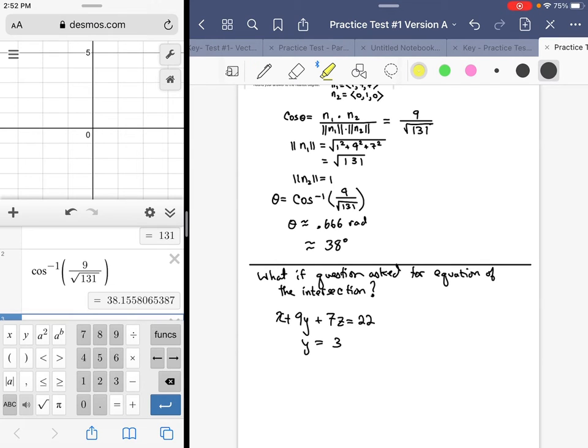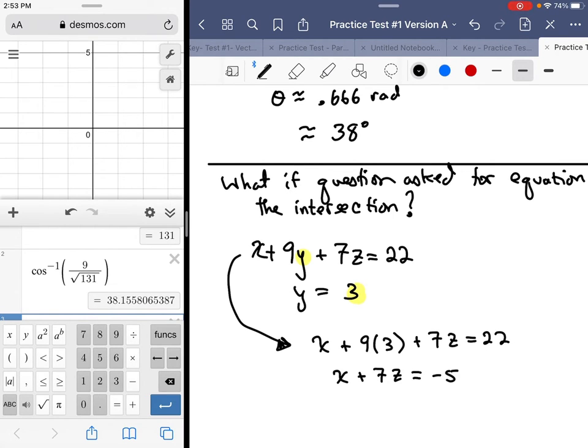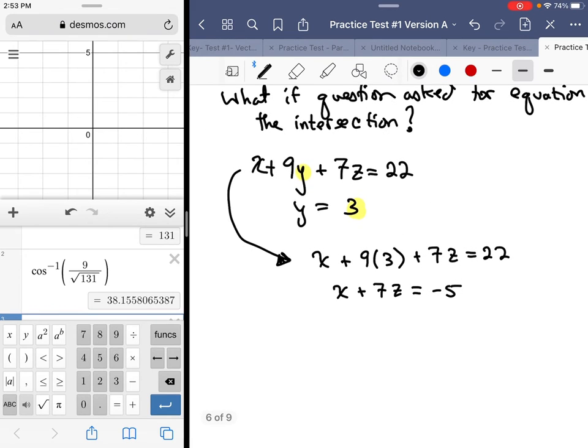We can make a substitution, y is getting replaced with a 3, a known value. So x plus 9 times 3 plus 7z is equal to 22. Subtracting 27 from both sides, x plus 7z would be negative 5. It's easier to solve for x, so x equals negative 5 minus 7z.